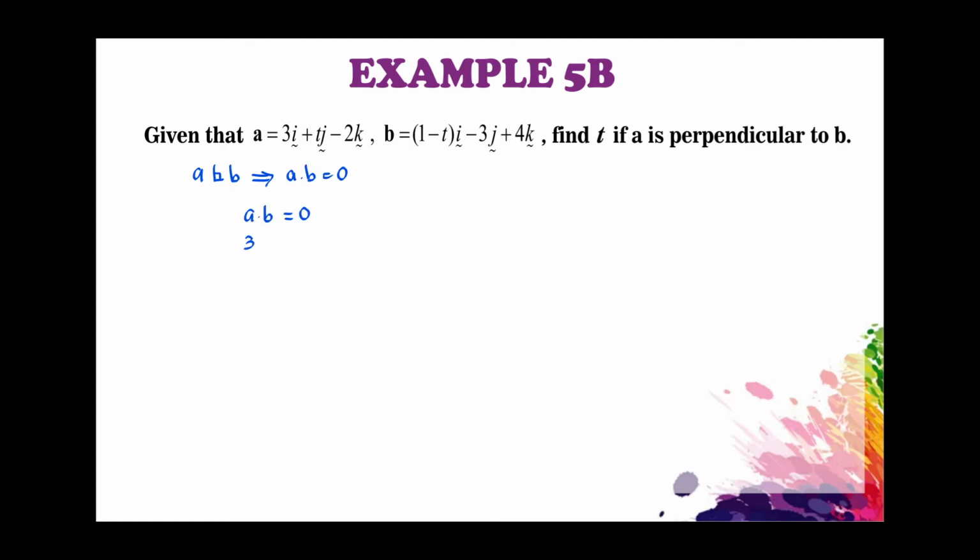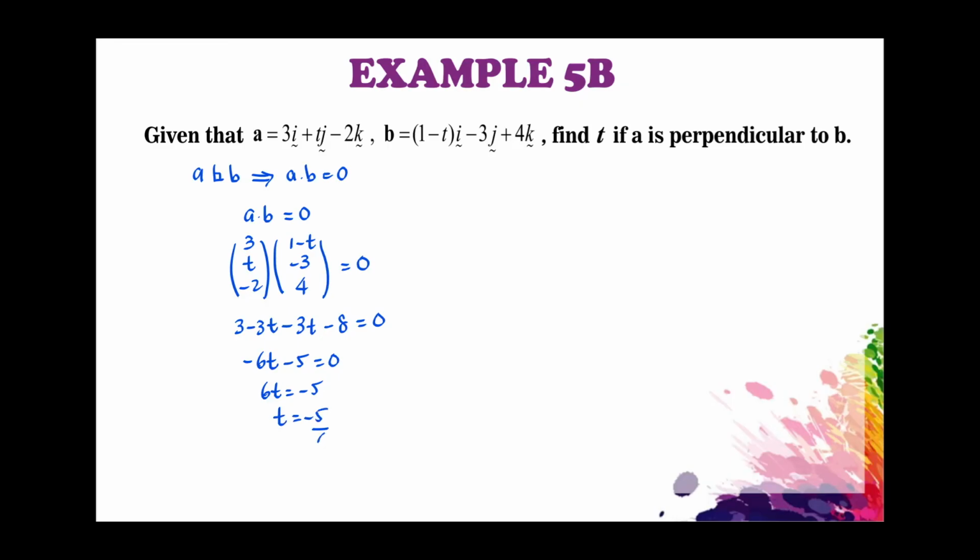So we have it as a column matrix, 3, T, negative 2 for the A. For the B, we have 1 minus T, negative 3, and then 4. So solve this one. We're going to have 3 minus 3T minus 3T minus 8. By simplifying the T first, we're going to have negative 6T. 3 minus 8 will be negative 5, equal to 0. So we have 6T equal to negative 5, and then T will be equal to negative 5 over 6.